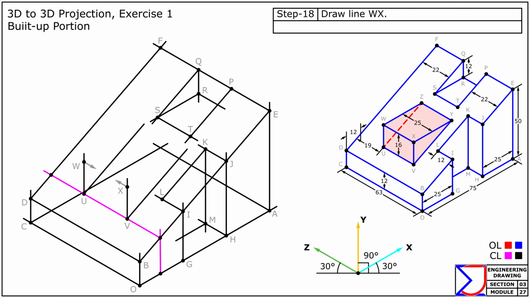Join points W and X. At points W and X, draw the remaining parallel line. The intersections obtained are points Y and Z. Join points Y and Z.